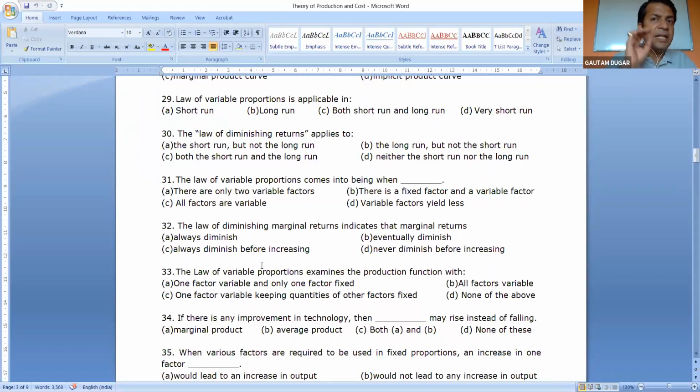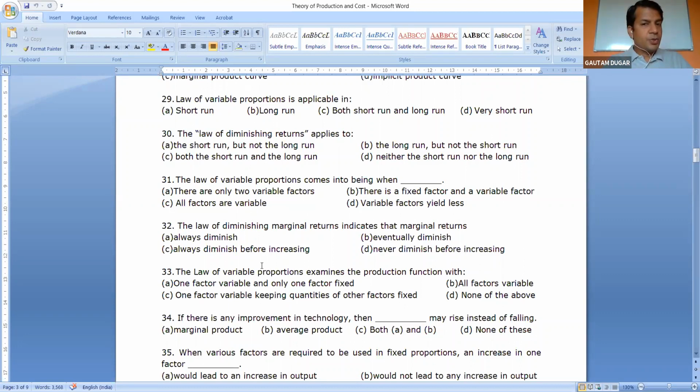That means the average product or marginal product may increase at the beginning, but ultimately they will have to diminish.